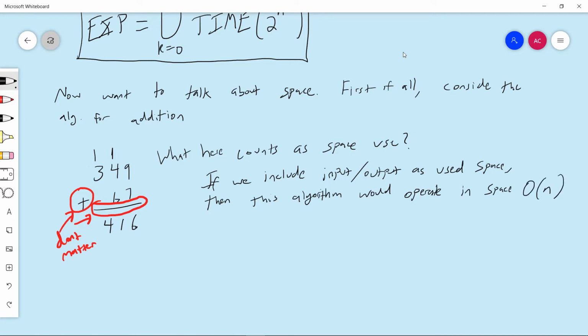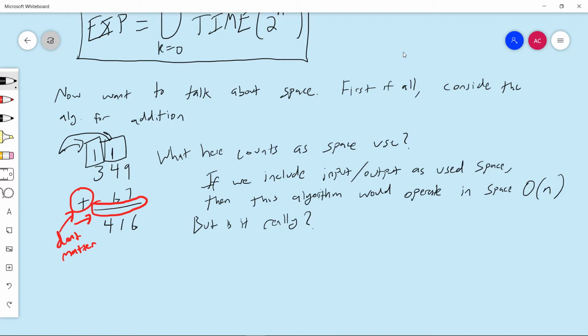But is it really space O of n? Really? How much space did we actually use? We used 2 bits. This is the only vital thing that we really had to do. And this is independent of the input length.